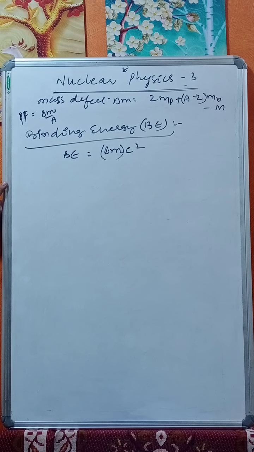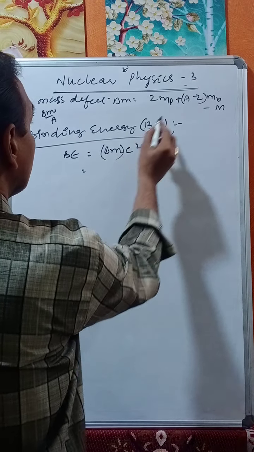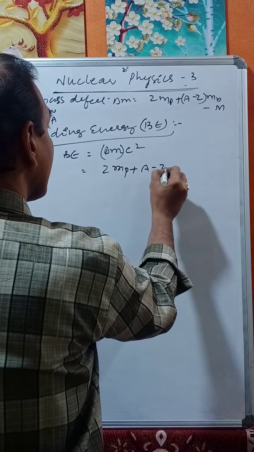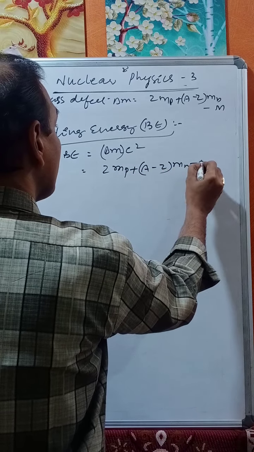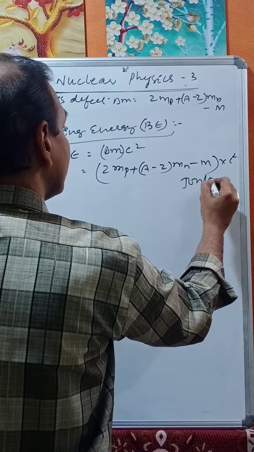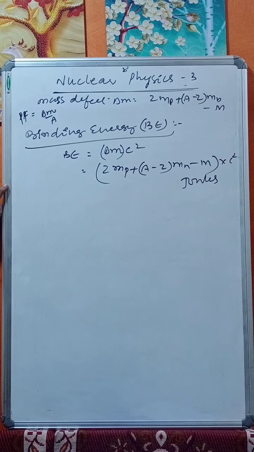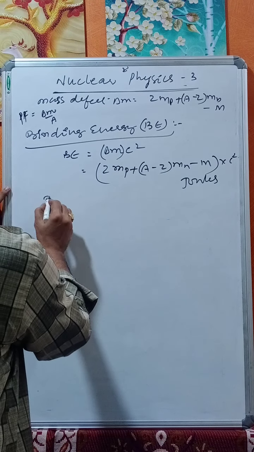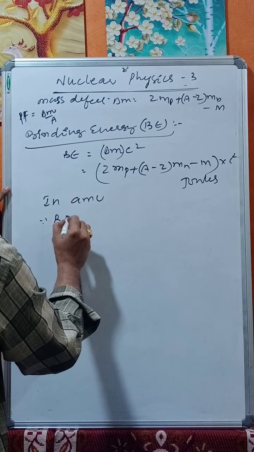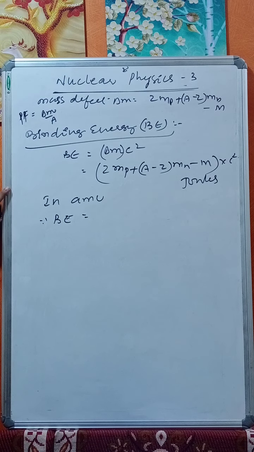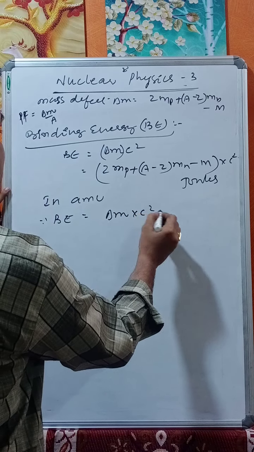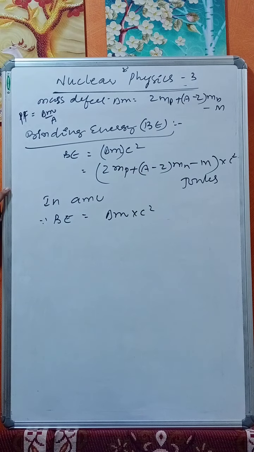Delta m into c square is equal to [Zmp + (A - Z)mn - M] into c square joules. Now, in atomic mass units, binding energy Be is equal to delta m into c square, which we have done, into 931.5.